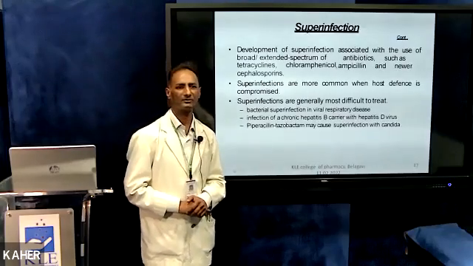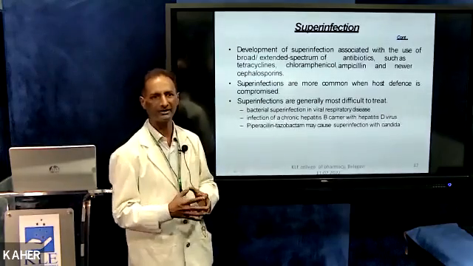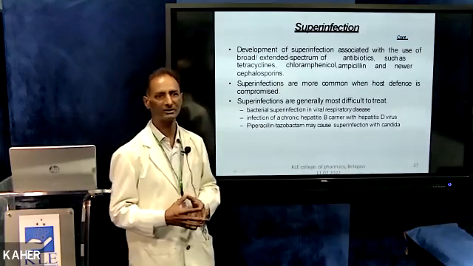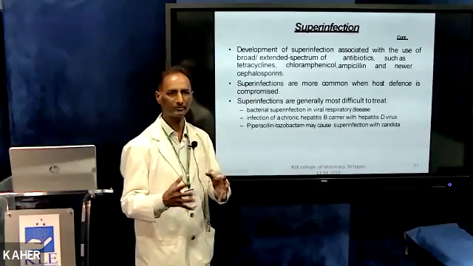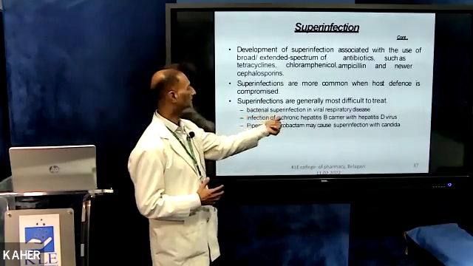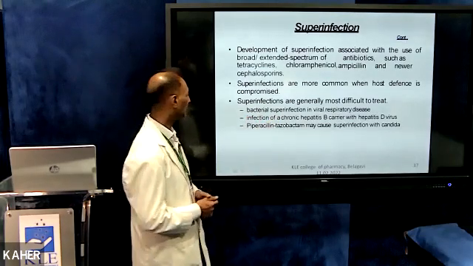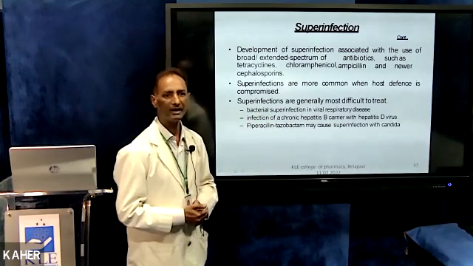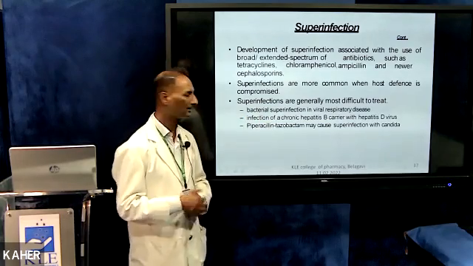Superinfections are associated mainly with broad spectrum or extended spectrum antimicrobials, such as tetracycline, chloramphenicol, ampicillin, or newer generation cephalosporins. Superinfections develop and the host defense mechanism is compromised, so the likelihood of superinfections is higher. Examples are bacterial superinfections in viral respiratory diseases following antimicrobial usage, infection in chronic hepatitis carriers with hepatitis D virus, and piperacillin tazobactam, which may also cause superinfections like Candida albicans.